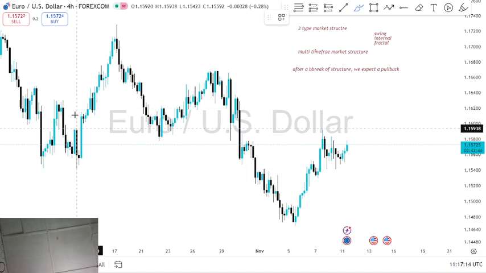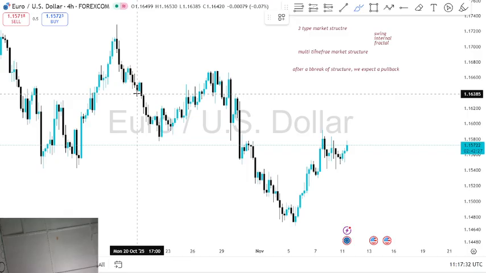And one question that I think comes to your mind is, what structure? Is it swing, internal, or fractal? What structure are we expecting that pullback when we break? Or are we expecting all of them?